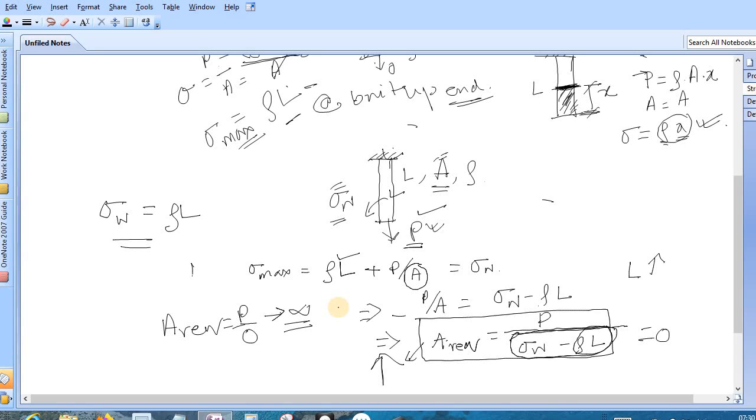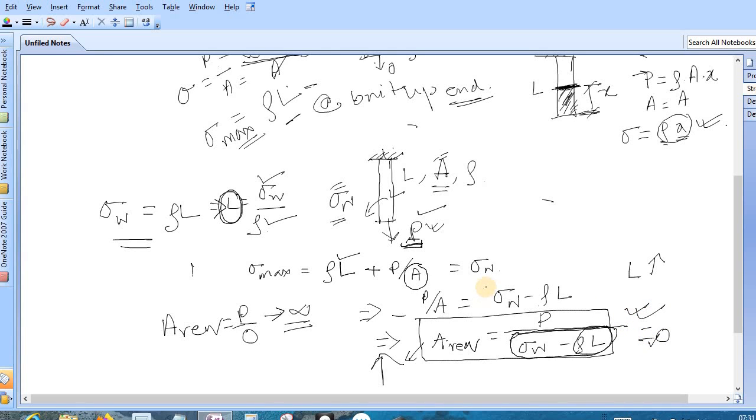So it is not possible to apply any load when your length is sigma W by rho. If you know the working stress and the density of the material, then you can find the maximum length up to which you can go without applying any load. Clear? So this equation has a very big implication.